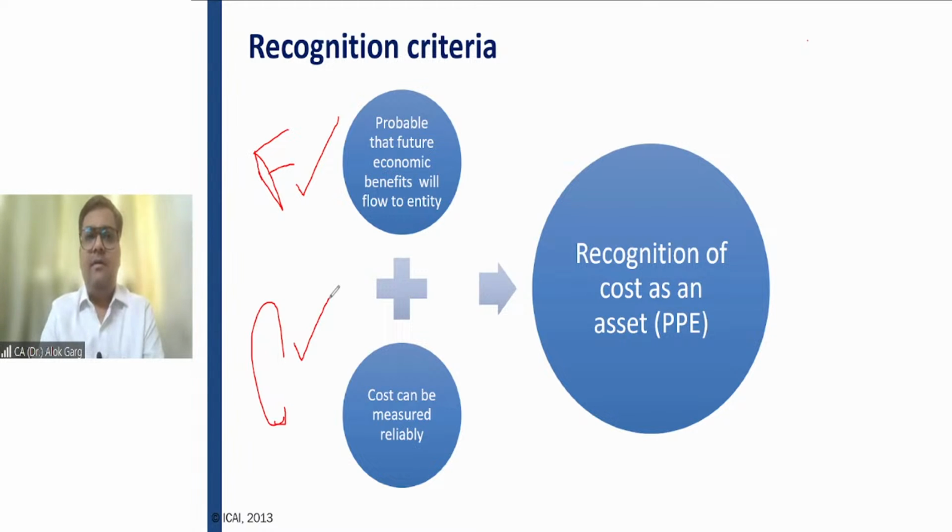Even when you go to a theater, you must have seen fire extinguishers, air purifiers. Even these things are going to be capitalized. The fire extinguisher does not give you a direct future economic benefit, but it ensures that if any mishap or fire happens, it will be used for safeguarding the assets of the company.